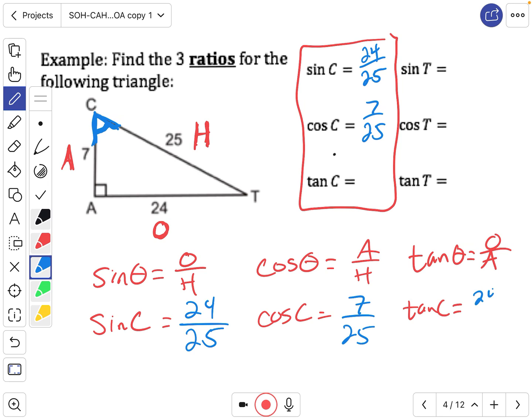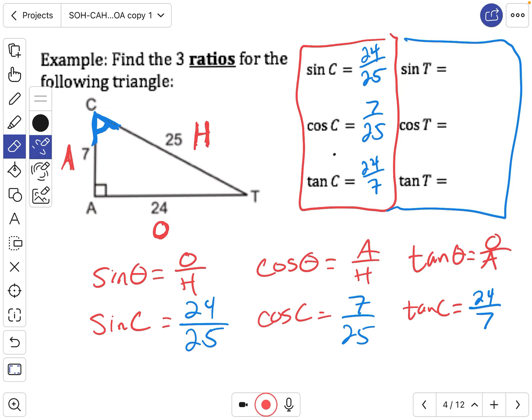So if I wanted to find the tangent of C, the opposite side is given as 24, the adjacent side is given as 7, and again, we cannot reduce, so 24 over 7 would be my ratio for tangent C.